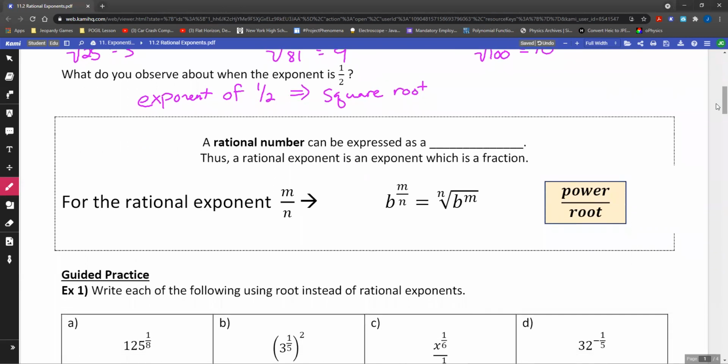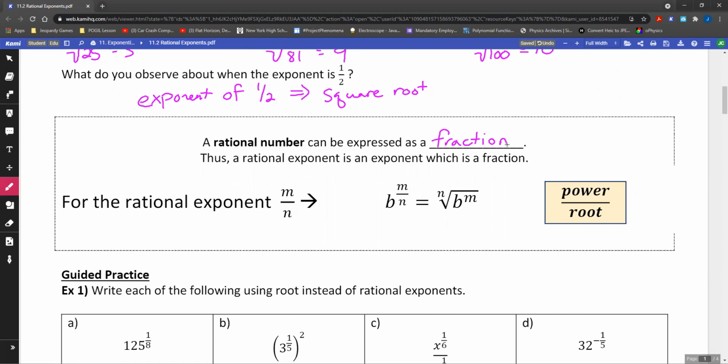All right. So here, a rational number can be expressed as a fraction. Any number that can't be written as some form of a fraction is not considered a rational number. So our exponents that we're going to talk about are going to be fractional exponents.